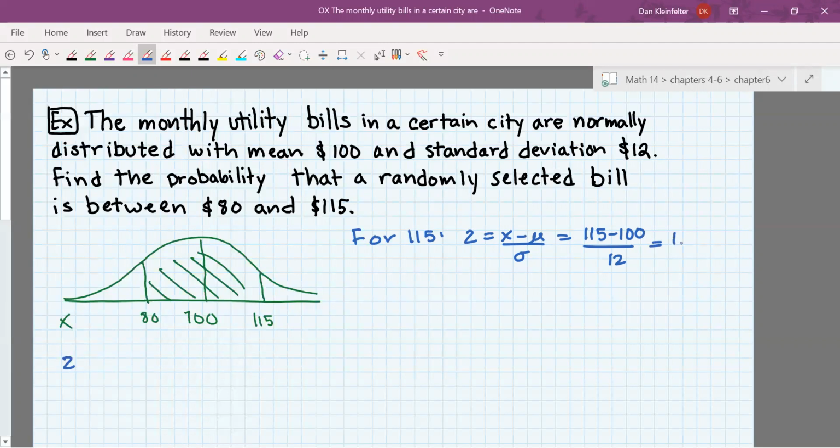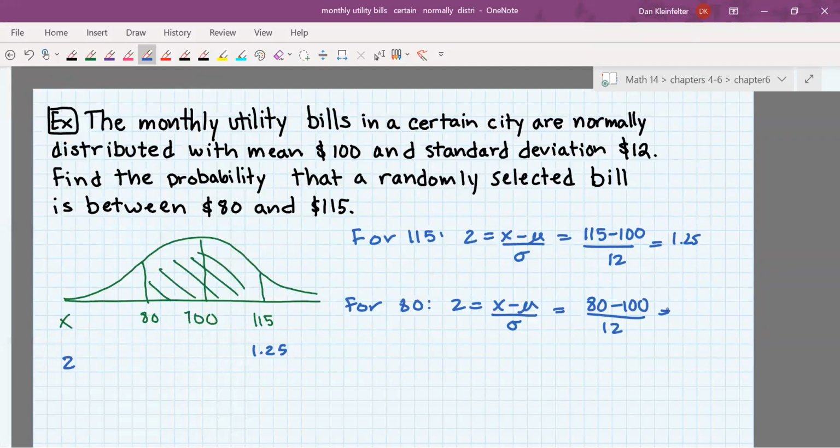Or 1 1/4, sorry. And then we need for 80, Z is X minus mu over sigma. That's 80 minus 100 over 12. And that one's negative 1.67.